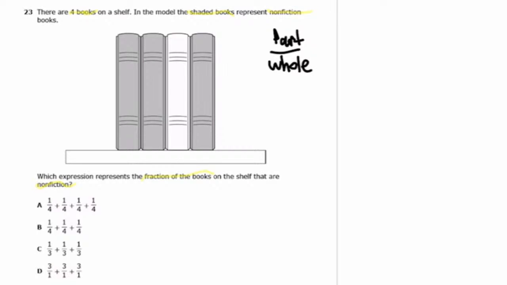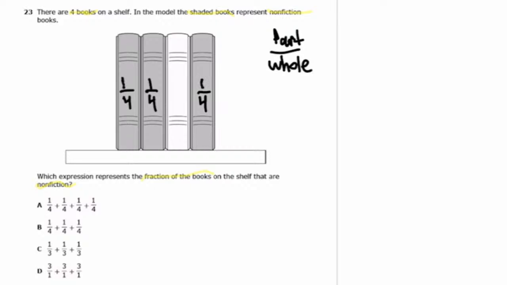For each book, it's just one part, and we know what the whole is, because the problem says there are 4 books on the shelf. That means for all of these, the denominator is going to be 4, since that's the total, the whole. And each of these is just one part. So that's one part, that's one part, and that's one part.